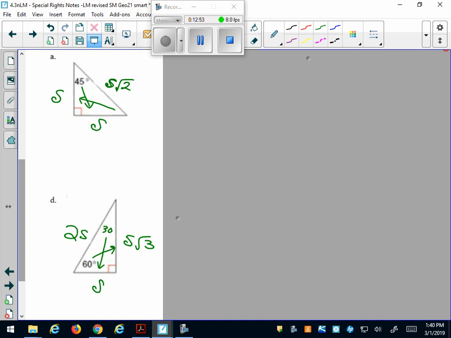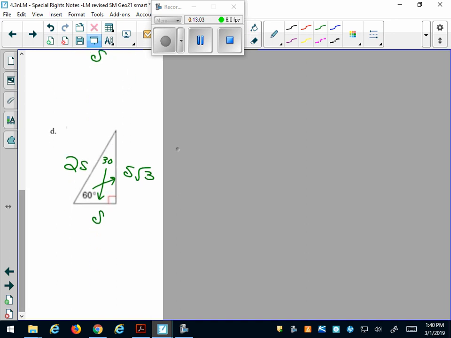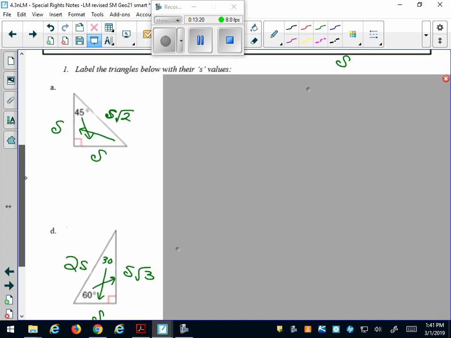That would be too easy, right? So that's not going to happen. It's S, S, and then you have to have that radical involved. S root 2 for 45, 45, 90s. For 30, 60, 90s, we've got S. The hypotenuse is 2S. And then we need a radical on the other side, and this time it's S root 3. You're not going to have two 2's in the same triangle, right? So it's S root 3. So those are just a couple of things to notice when you're memorizing.